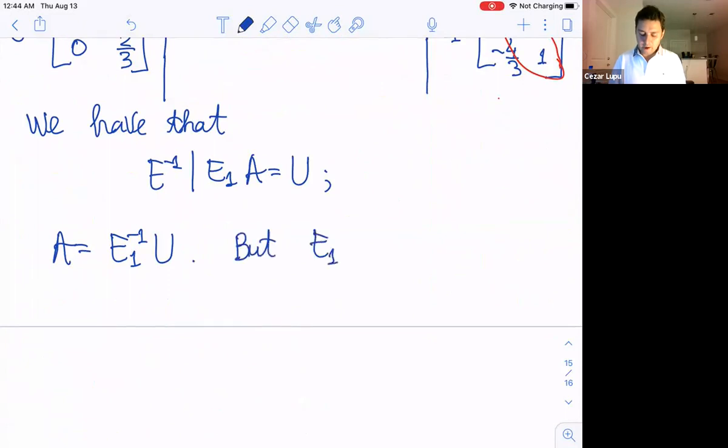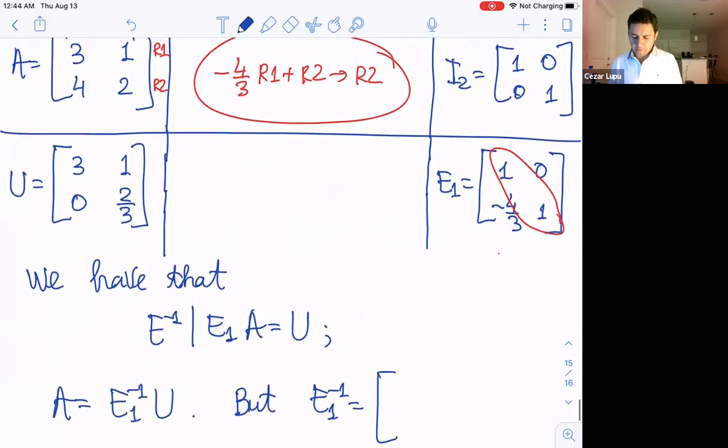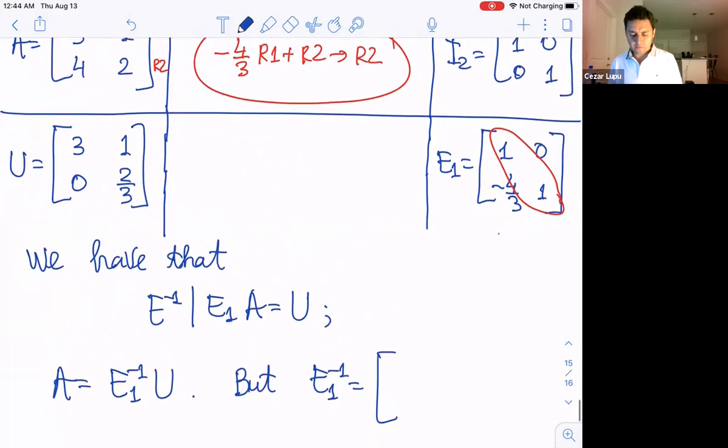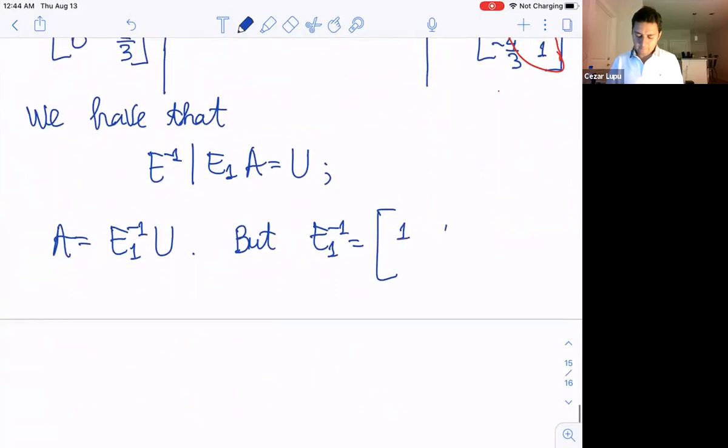We'll have the following. This will imply that E1 inverse is nothing else than, applying the inverse, 4 over 3 R1 plus R2. So it will be 1, 0, 4 over 3, 1.